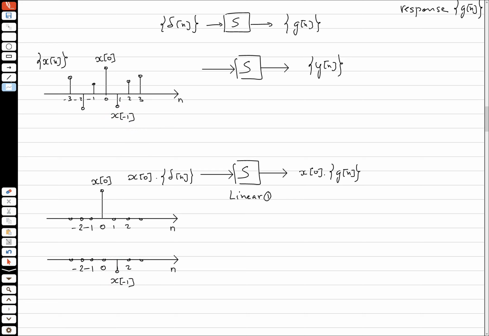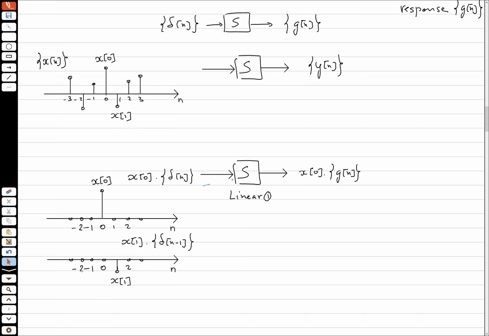What is a mathematical description for this sequence? It's x of 1. Sorry, it's x of 1. Okay, what is the mathematical description for this? x of 1 delta of n minus 1.